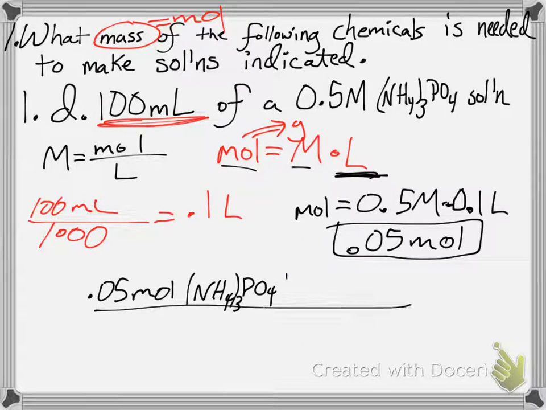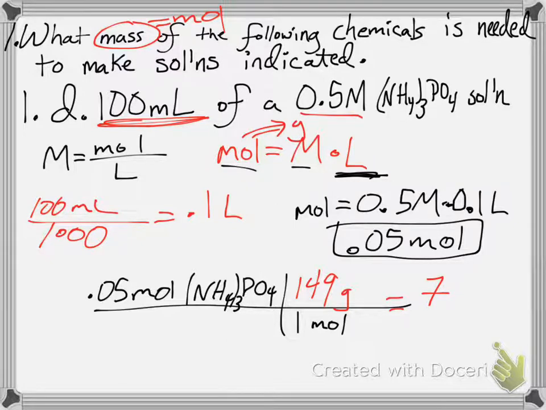Oh, lovely. So that means we need the molar mass of this. So, gotta look at the periodic table. And I'm super fast at calculating. Put that all in. And I get 149 grams per mole. All right, and that's the molar mass. So now I just multiply those two numbers together, and I'll get my answer. And I get 7.45.